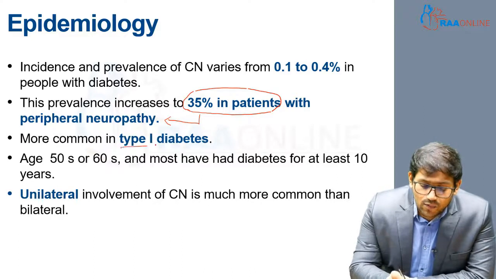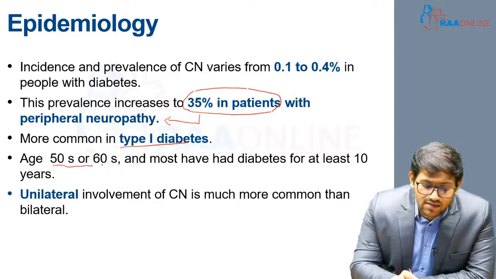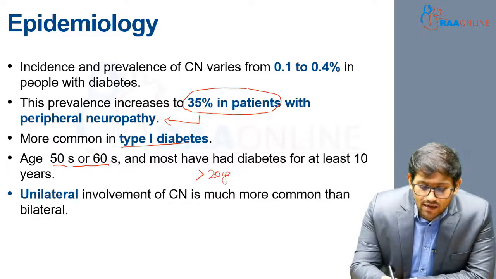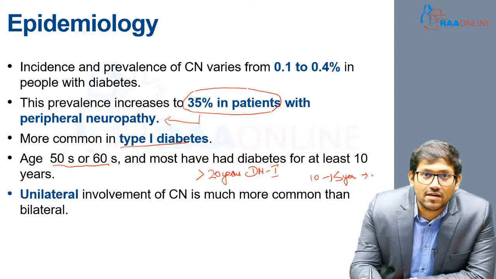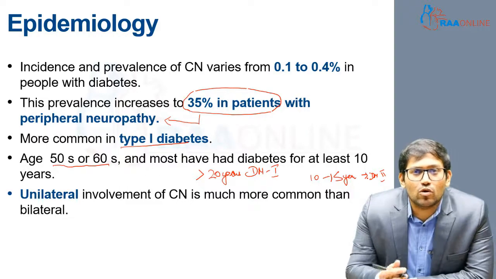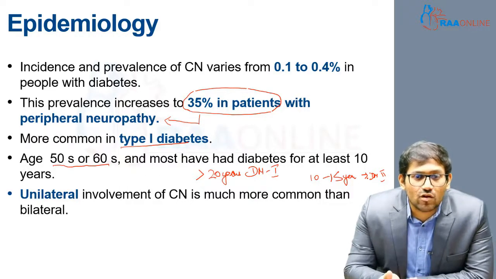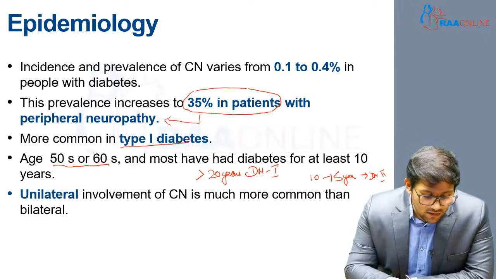It is more common in type 1 diabetes, in the 5th and 6th decade, and if the patient has had diabetes for more than 20 years in case of type 1, and 10 to 15 years in patients with type 2 diabetes mellitus. Most commonly, a unilateral involvement is seen when these patients present to the OP.